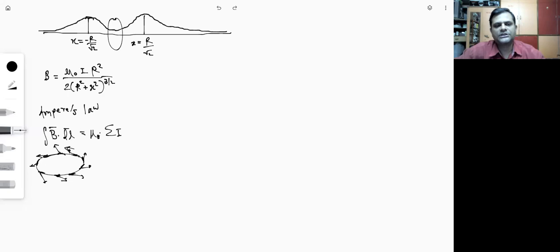It happens to be actually equal to mu naught times the summation of all currents passing through that loop. अभी इस लूप के अंदर से जितने भी करंट पास हो रहे होंगे तो उनका एल्जेब्रिक सम हमको करना पड़ेगा ताकि हमको यहाँ पे मैग्नेटिक इंडक्शन का लाइन इंटीग्रल मिल जाए.